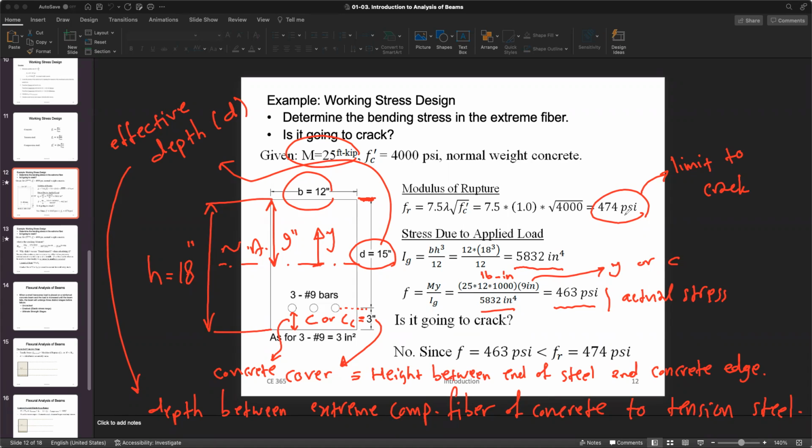So you're safe. You're good. As soon as you reach your limit, you're going to crack. So no, it wouldn't crack since your actual bending stress is less than your limit of cracking. All right. So you wouldn't crack. All right. Let's go to the next slide.